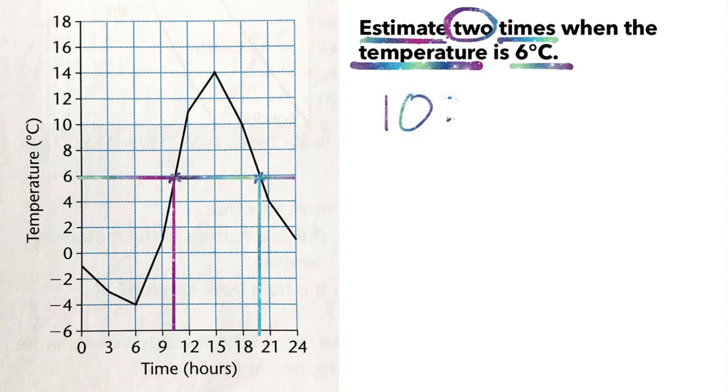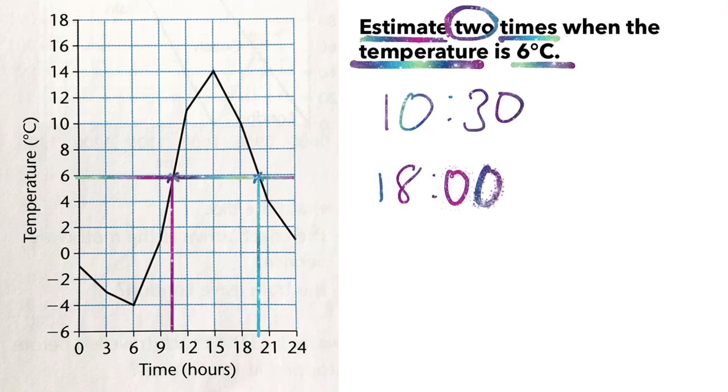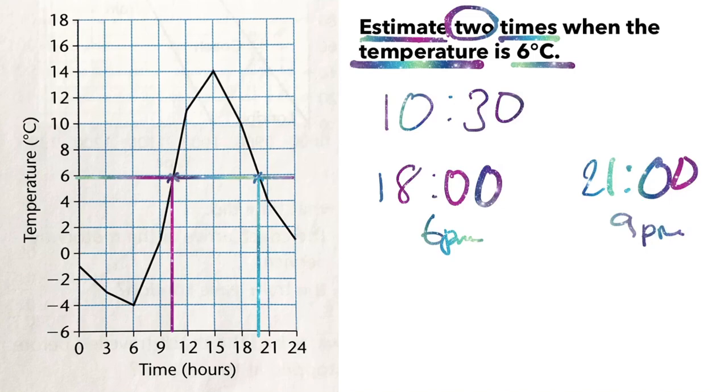It's 10:30. Now the other time, like I said, I think it's crossing that line, is about 2/3 of the way between 18 and 21. Or if we say it in our time, it's 6 p.m. and 9 p.m. And if it's 2/3 of the way between those, this one would be 7 and this one would be 8.